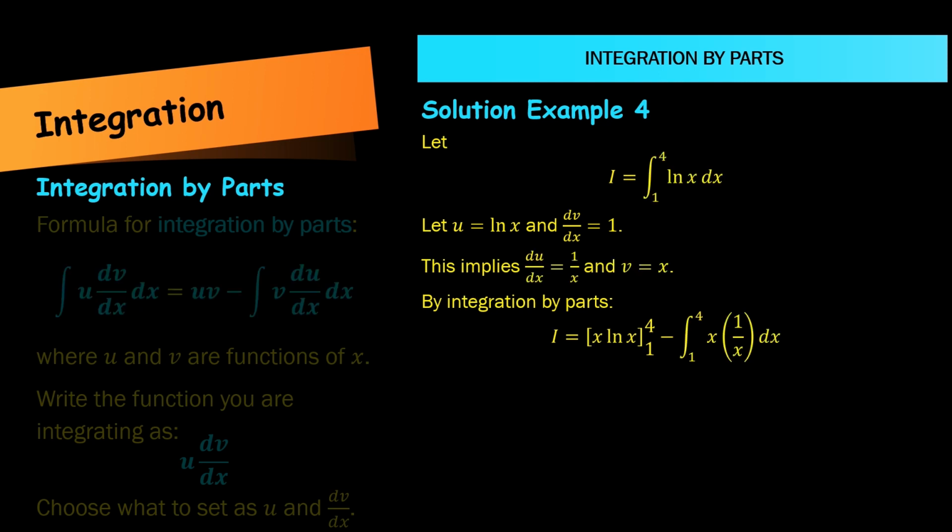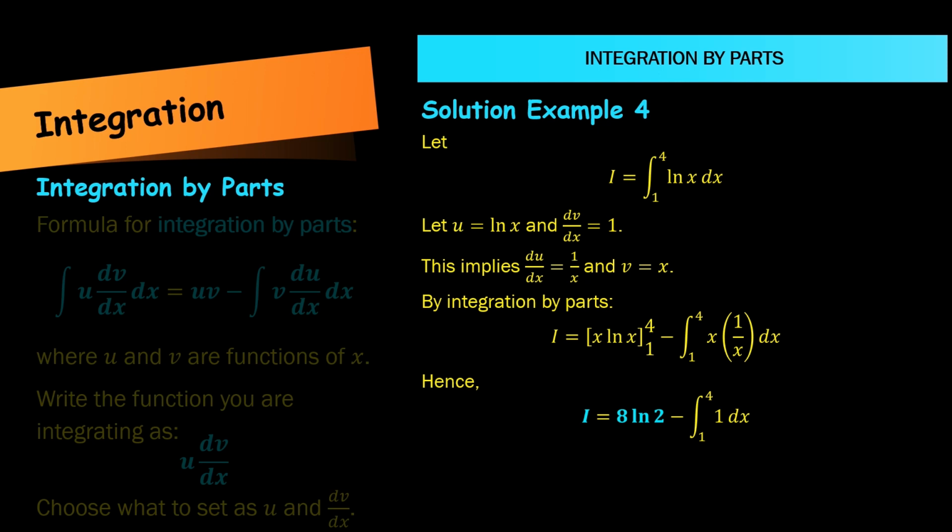So tidying up some more gives us that our integral equals 4 ln 4, plugging in the limit 4, minus 1 ln 1, plugging in the limit 1, minus the integral of 1 dx between the limits 4 and 1. Of course, ln 1 is simply 0, and 4 ln 4 is 4 ln 2 squared, which is 8 ln 2.